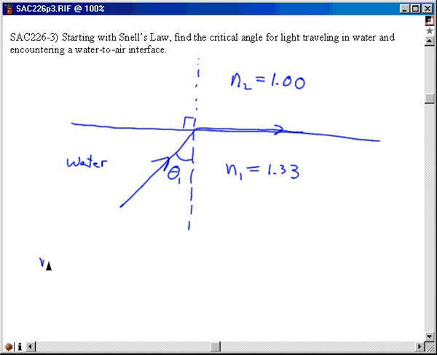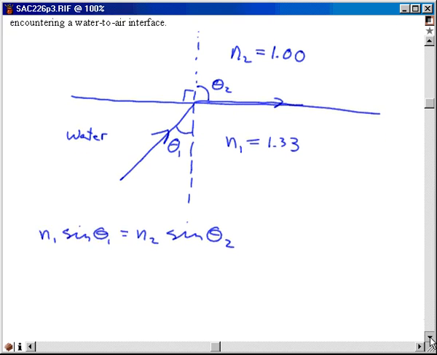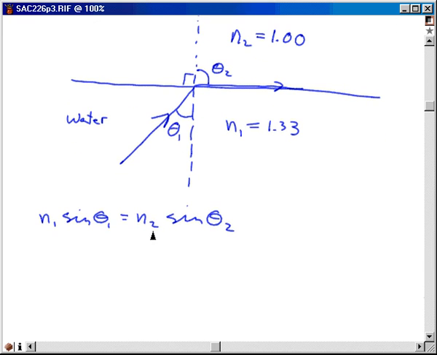According to Snell's law, N1 sine of theta 1 is equal to N2 sine of theta 2. At the critical angle, the theta 2 in question is 90 degrees. So we've got sine of theta 2 is N1 over N2 times the sine of theta 1.